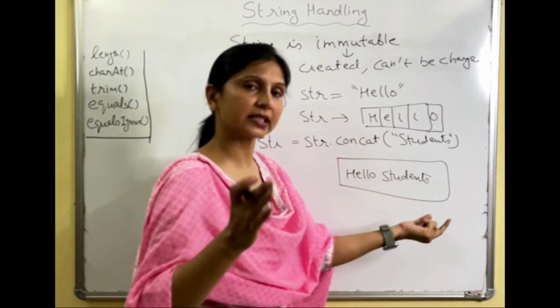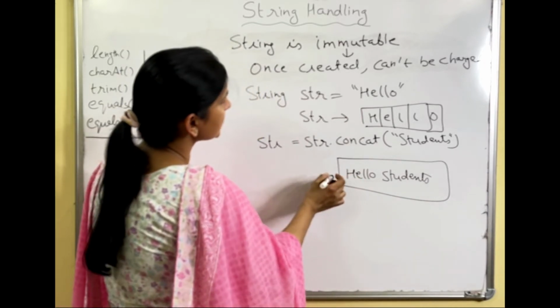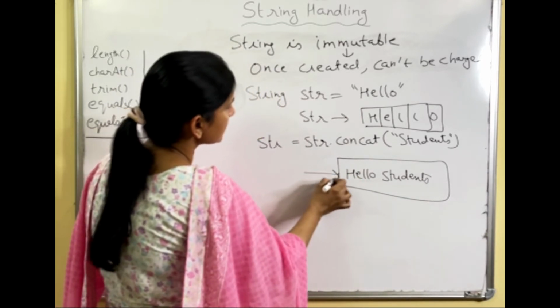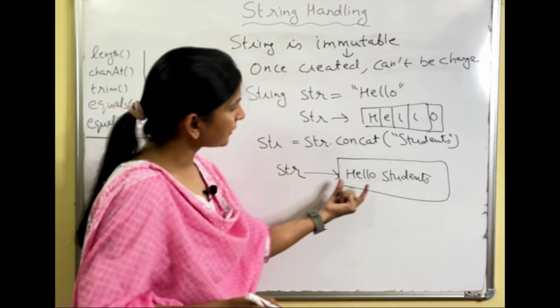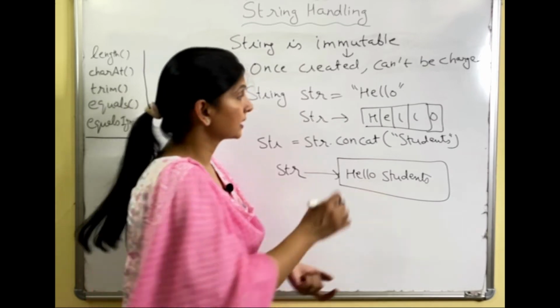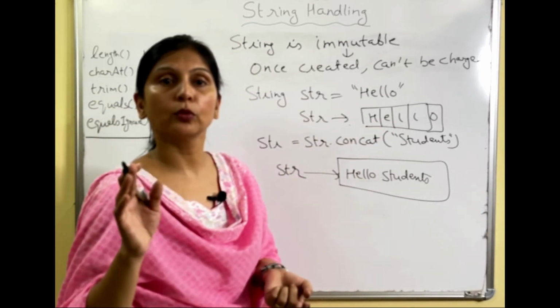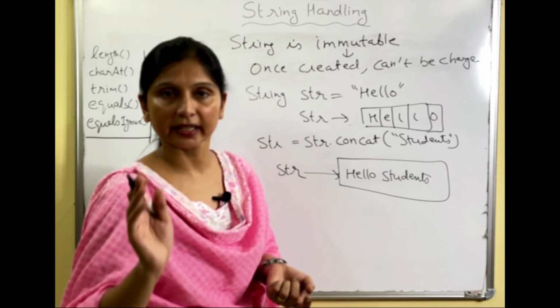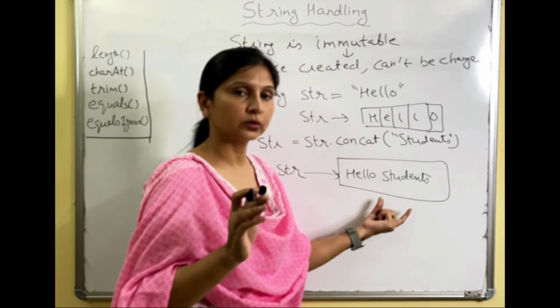So it creates a new string object, and this value is given to the reference str only. Now str will refer to this new object. And what about this old copy? The old copy will be removed by the garbage collector. Fine. So str is now referring to the new object.